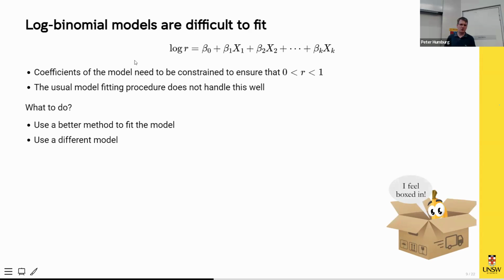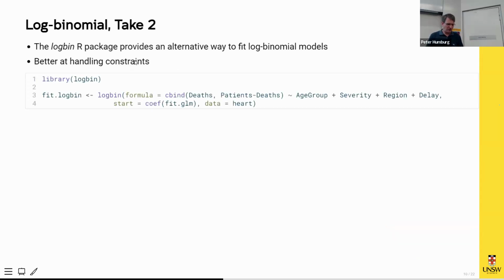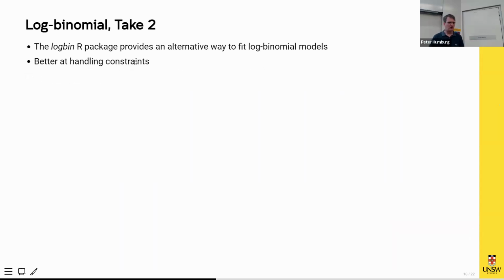One is we could use a different method to fit this model, a method that handles those constraints better and gives us reliable answers. Or we could use a different model, right? So let's look at using a better model fitting algorithm first.